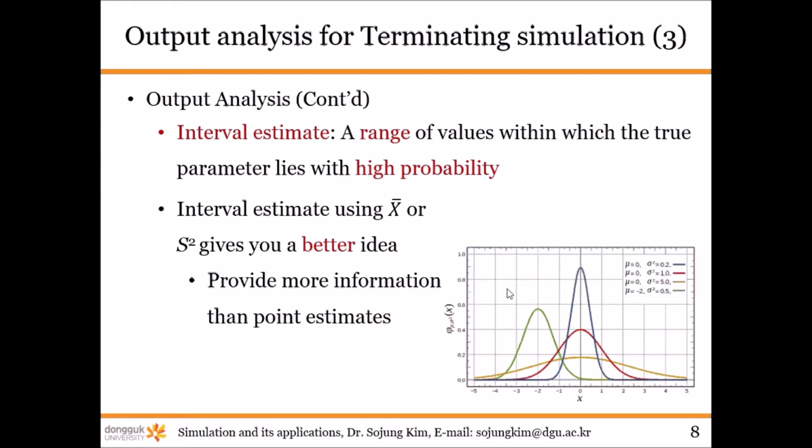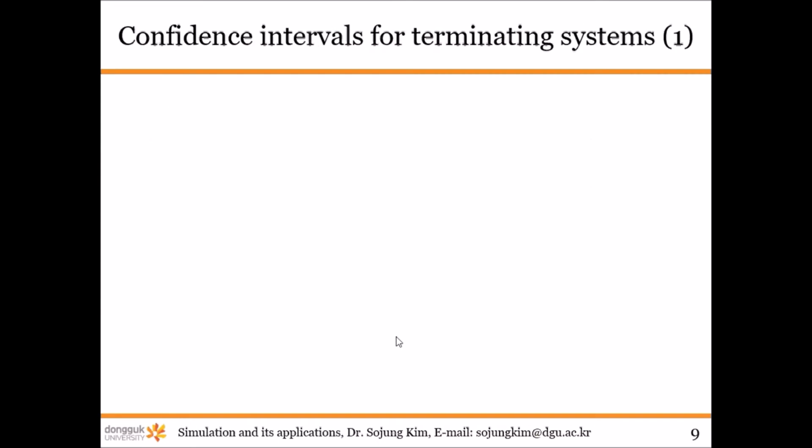Basically, you have the shape of the distribution in a certain interval, unlike the point estimate, which only gives you the mean value or just a variance. So the interval data usually has more information.